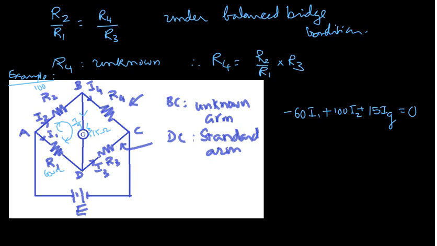Both are negative, right? So minus 5 I3. Got it? And this is also minus Ig, plus 10 I4, equal to 0.